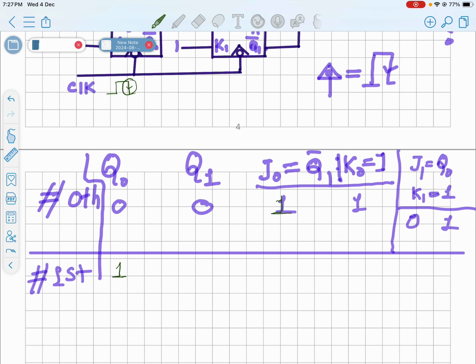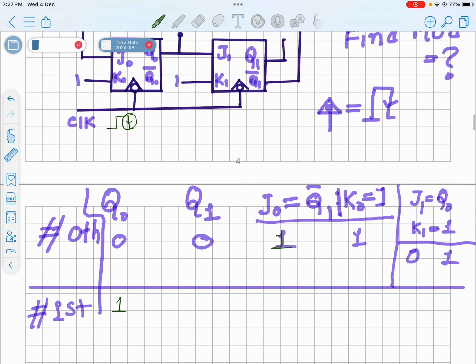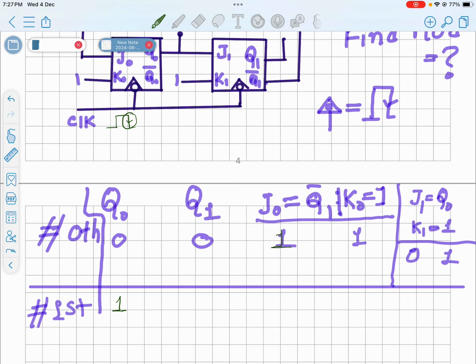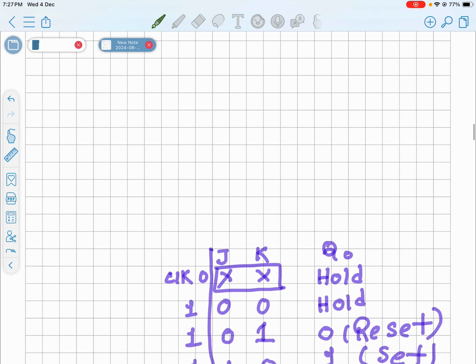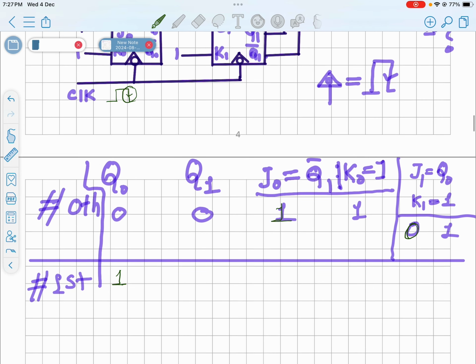Now see, in the second flip-flop, J1 is Q0, which is 0, and K1 is 1, so 0 1. This is the reset condition. That means the output will be 0.